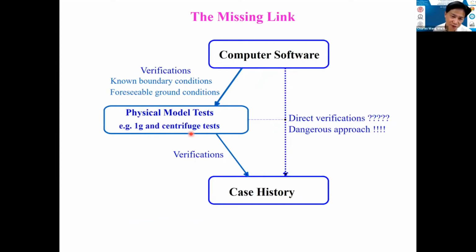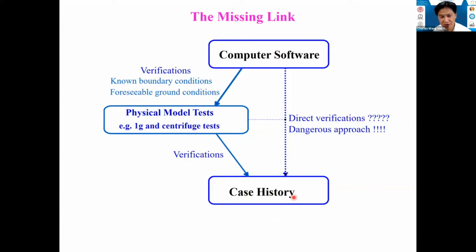So if your model procedure or your model parameters are any good, you should be able to capture the dilatancy of the event, right? So my suggestion is we go for the calibration of physical model tests first before you calibrate a case history.